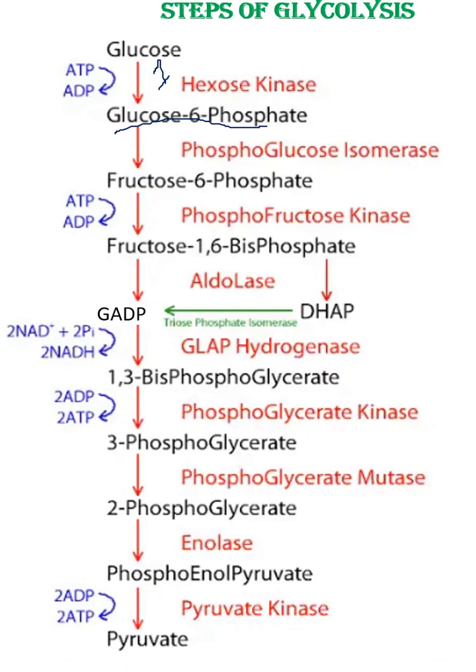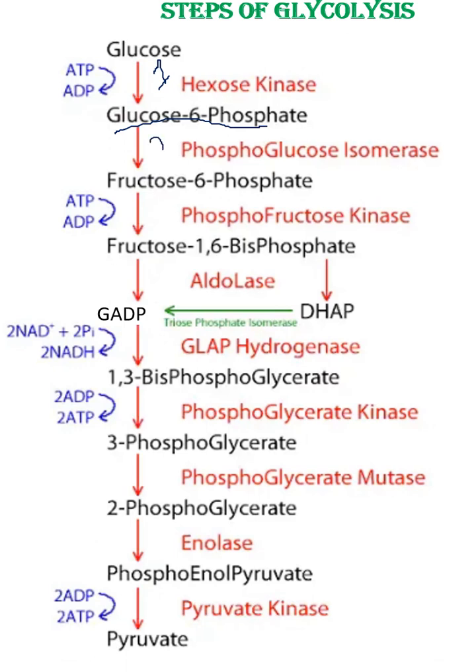The polar phosphate group traps the molecule inside the cell and also reduces the concentration of free glucose inside the cell, which encourages more glucose to enter by diffusion. This step uses one ATP, which provides the necessary phosphate group for the reaction.